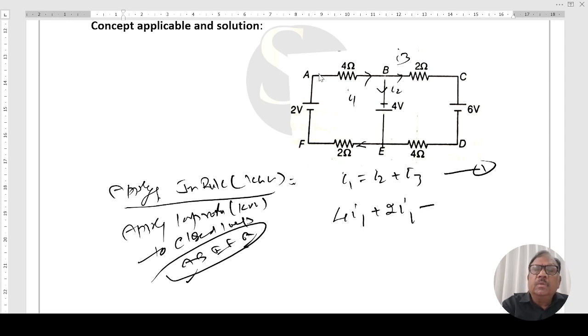Current is flowing like this, same current. 4 plus 2, 6I1 equal to 6. I1 equal to 1 ampere.